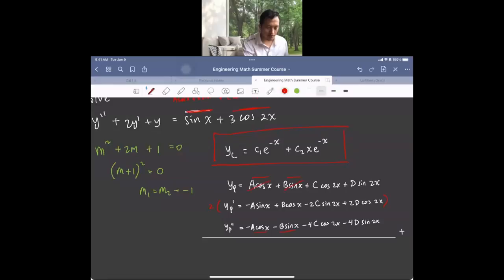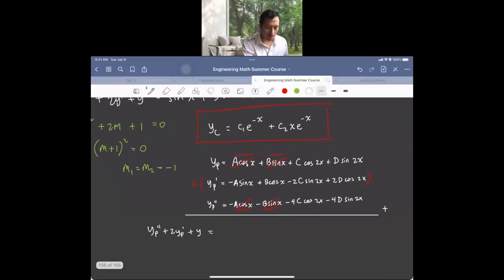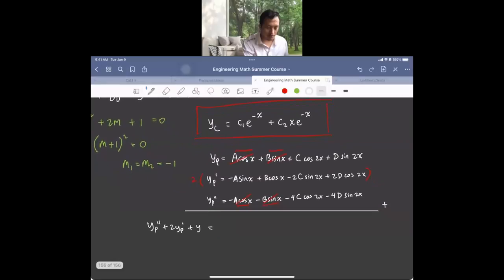Notice that we have a cos and negative a cos, b sine and negative b sine, so we can cancel these. And then we can calculate y double prime plus 2y prime plus y.